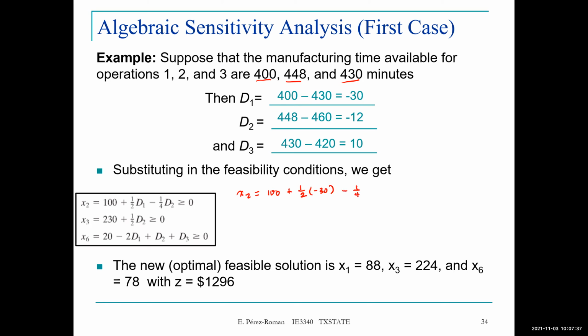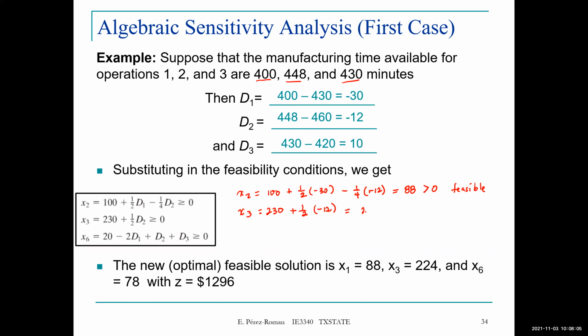minus 1/4 times minus 12. And this is equal to 88, which is greater than 0. So this remains feasible. X3 equals 230 plus 1/2 times minus 12.